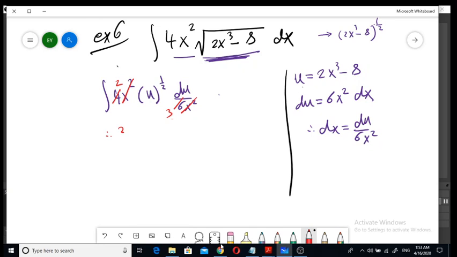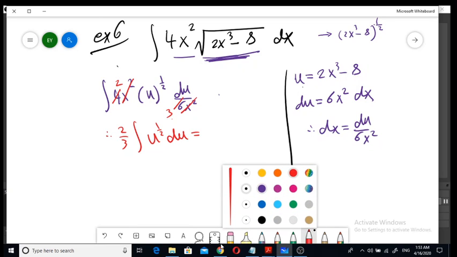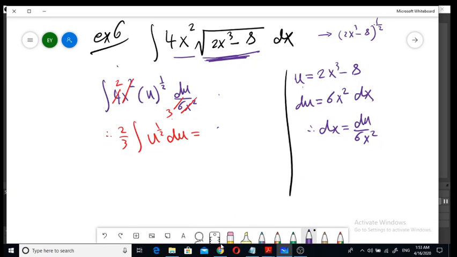Then we have 2 over 3 integration of u^(1/2) du. Easily we can apply the rule by adding 1 to the power. So we have u to the power 1 over 2 plus 2 over 2. It's going to be 3 over 2 over 3 over 2 plus c.